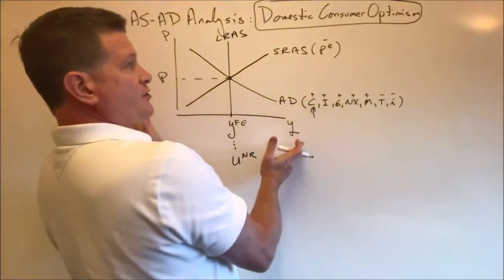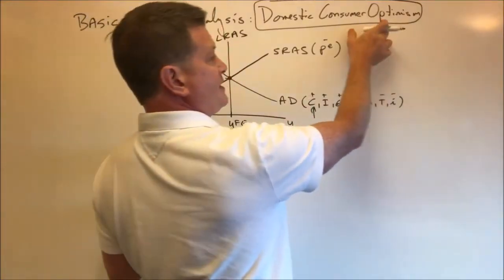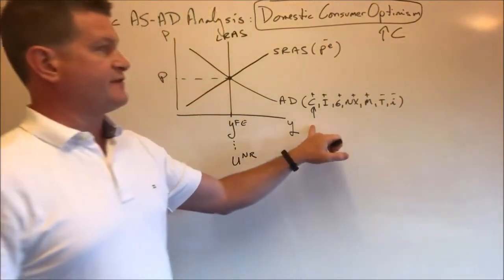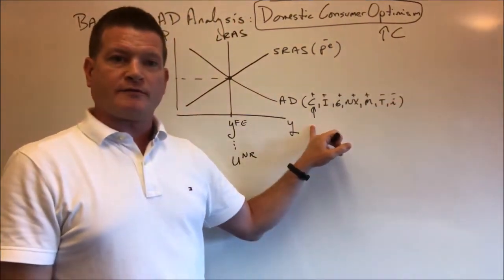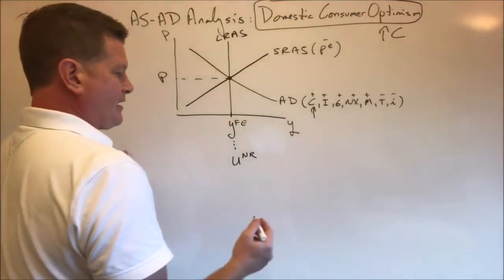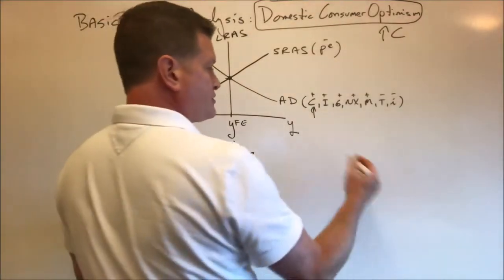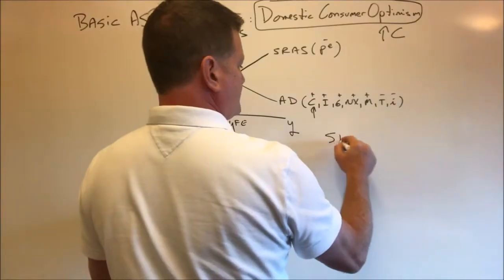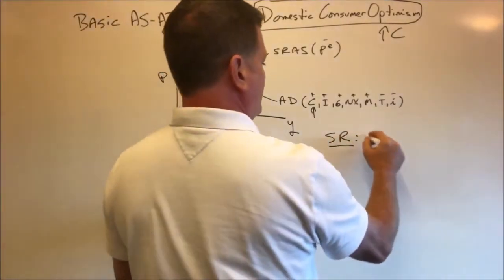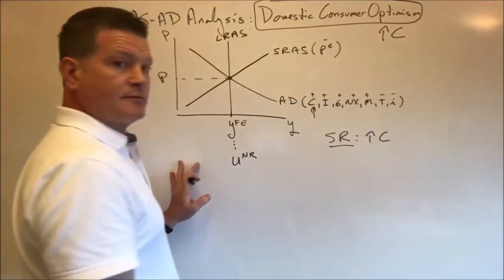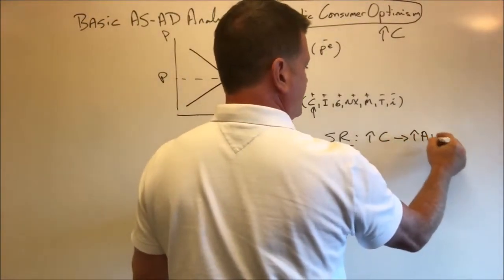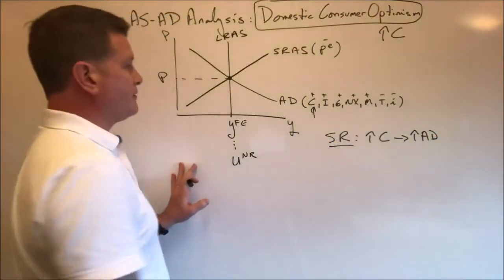So step one is to draw a diagram. Step two is to take your shock and translate it into one of these variables so you know which curve to move. Now, when I do my analysis, I like to take notes off here to the side. In the short run, we got an increase in consumption, and that increase in consumption generated an increase in aggregate demand.